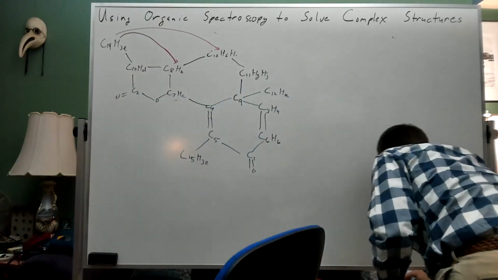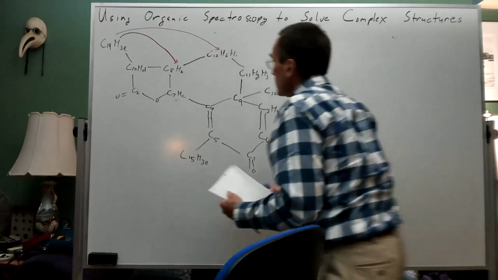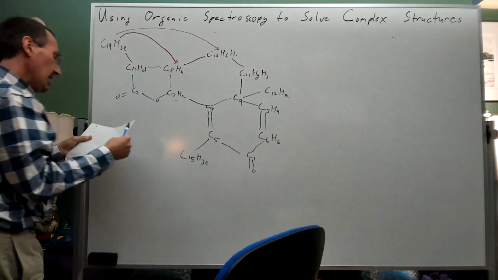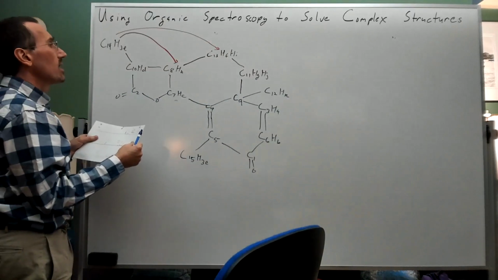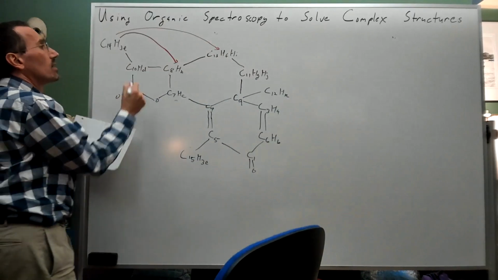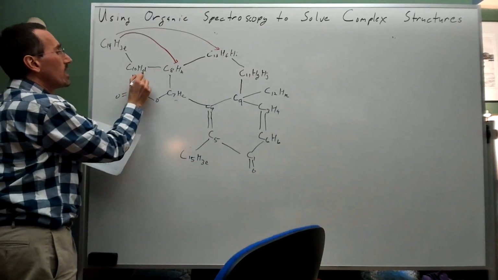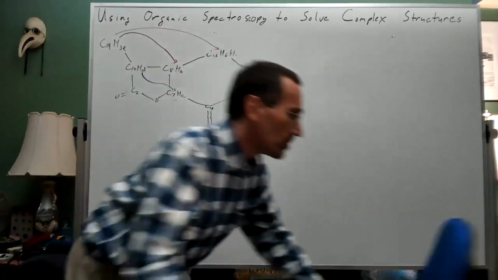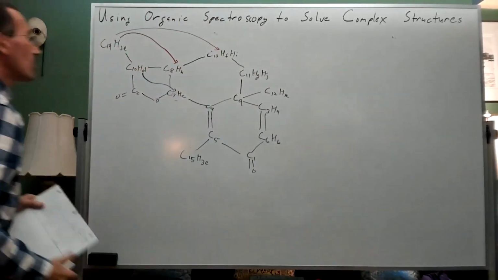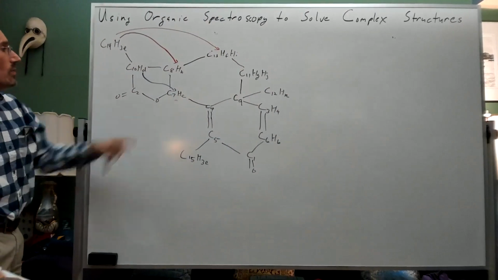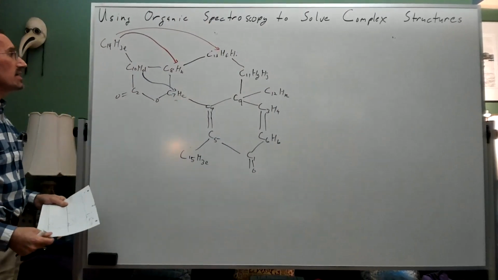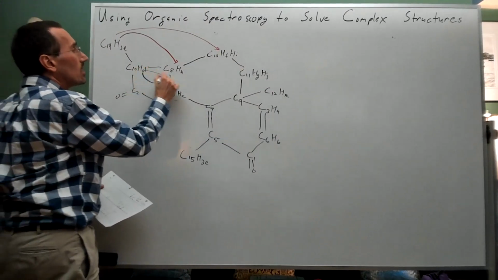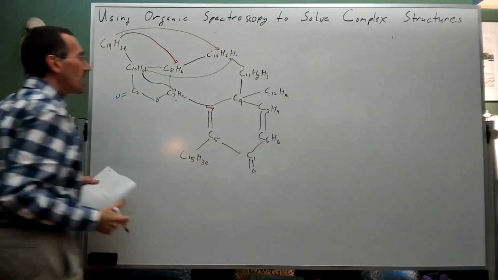Then in the next experiment, we irradiate 10D, and we get an NOE to, pardon my chair there, we get an NOE to 7C, and we get an NOE to 13I.